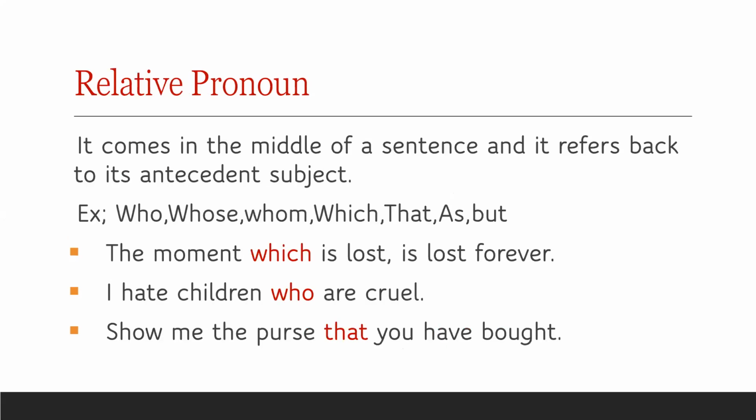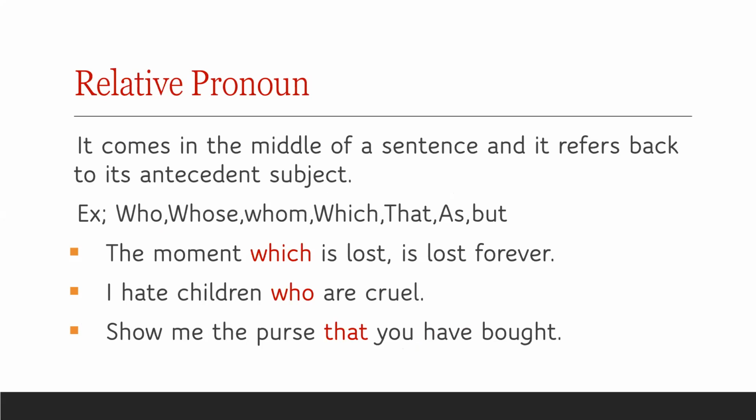Next is relative pronoun. It comes in the middle of a sentence and it refers back to its antecedent. For example, who, whose, whom, which, that, as, and but. And it often comes in the middle of the sentence.